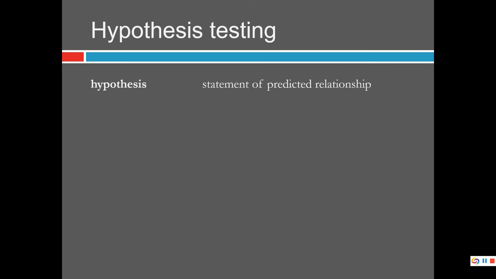So remember, just to review what a hypothesis is, though you're all forming them at this point, and hopefully you have a pretty good handle on what they are. A hypothesis is just the statement of a relationship that you have predicted. And remember, it should be very, very specific, so you are saying exactly what would and would not support your hypothesis.